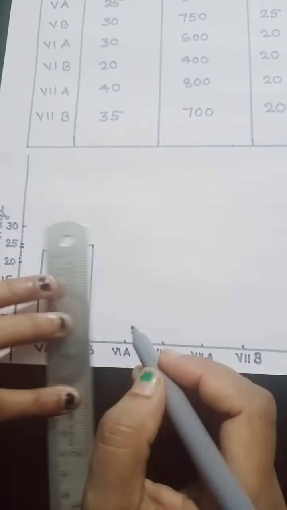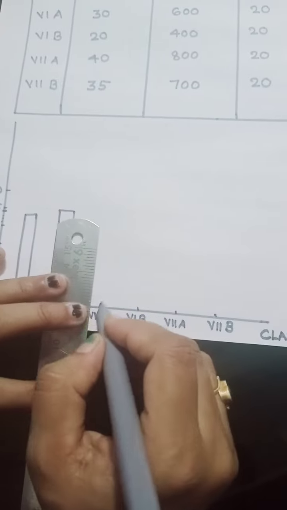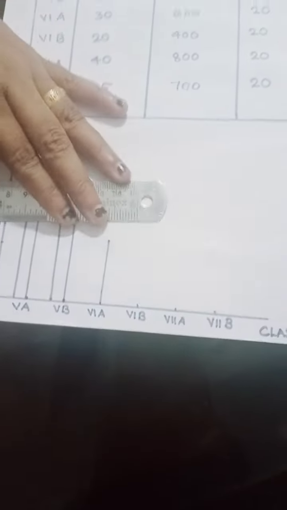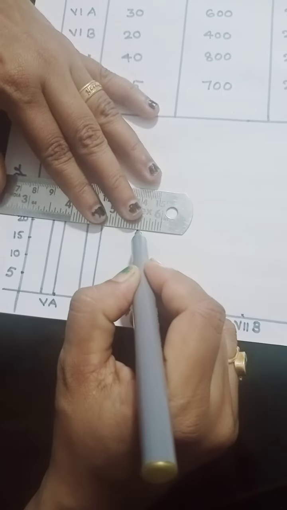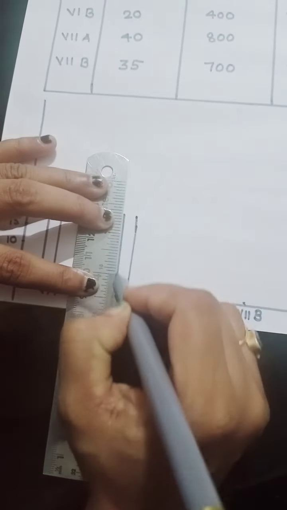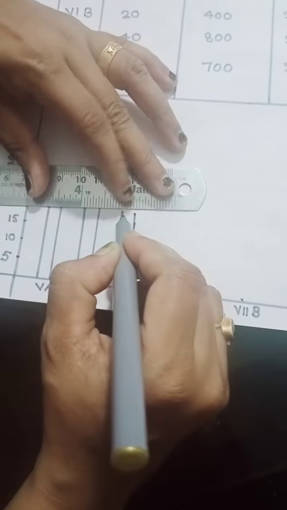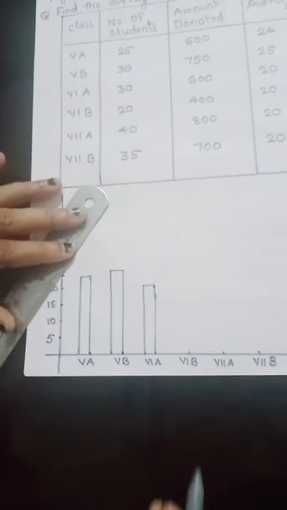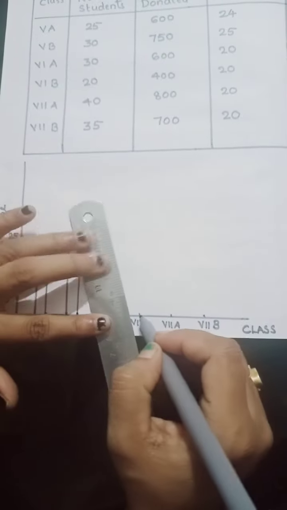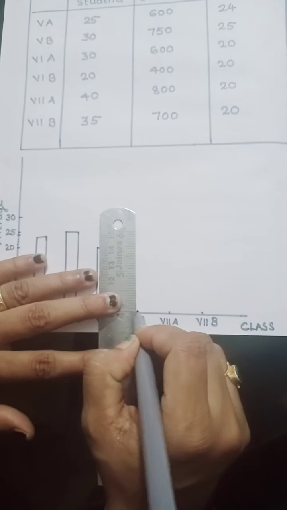So let us take the next 20, up to this much. Up to this much is the 20. Then draw the bar graph. The next, 6B, is also 20. Take the scale and draw the bar graph, the line should extend up to 20.